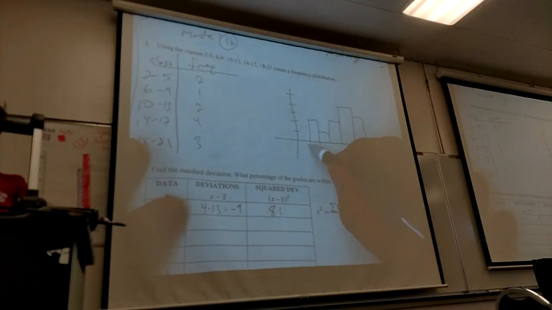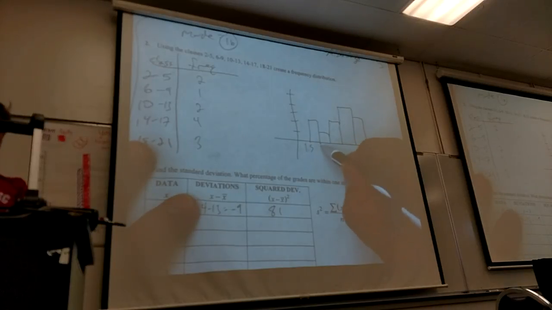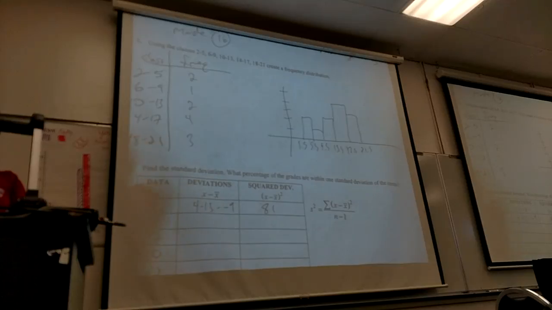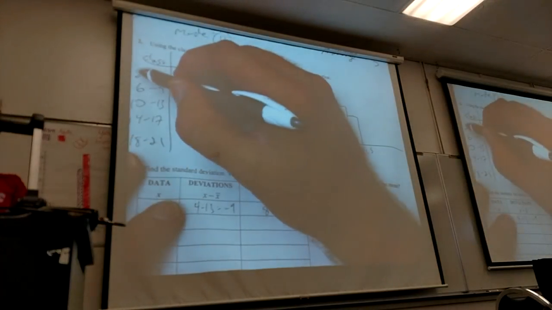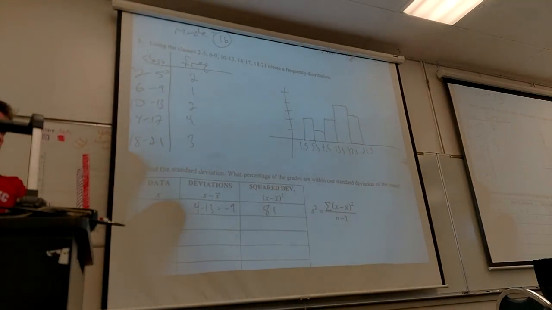I can't remember how in-depth I got with you guys. This should technically be 1.5, 5.5, 9.5, 13.5, 17.5, and 21.5. You go up and down by a half so that they don't have any gaps in between.